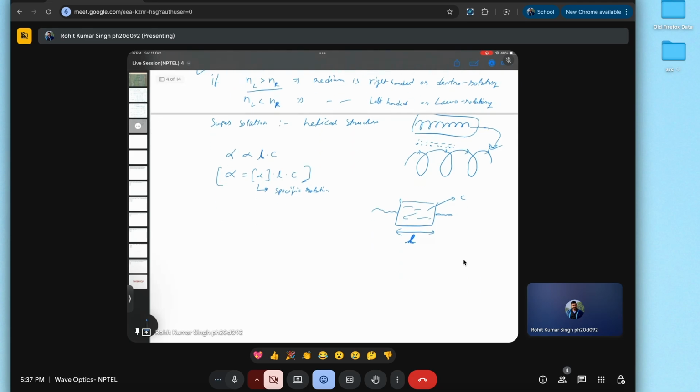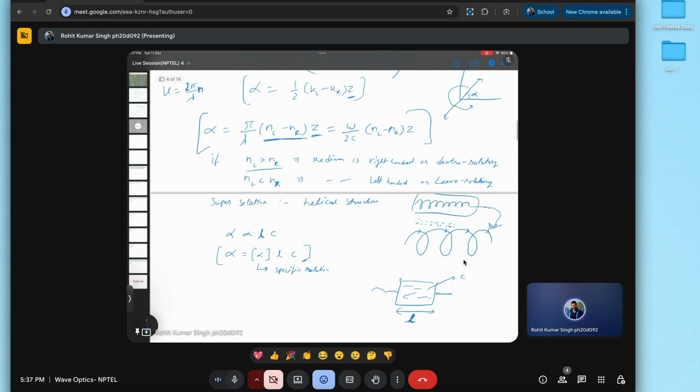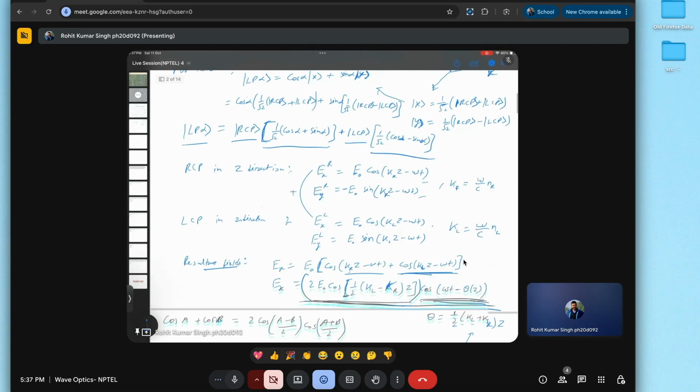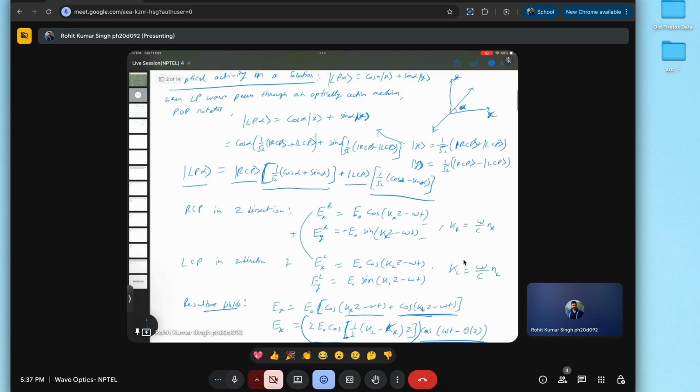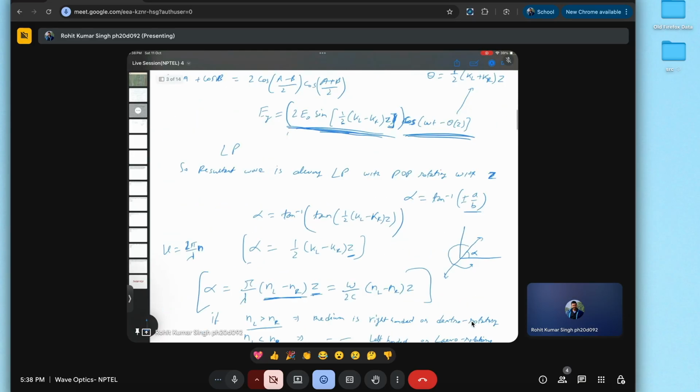Okay, so do you have any question or doubt in this concept? No? Yeah, I did not understand properly about refractive index. You are saying this is refractive index. Sorry?